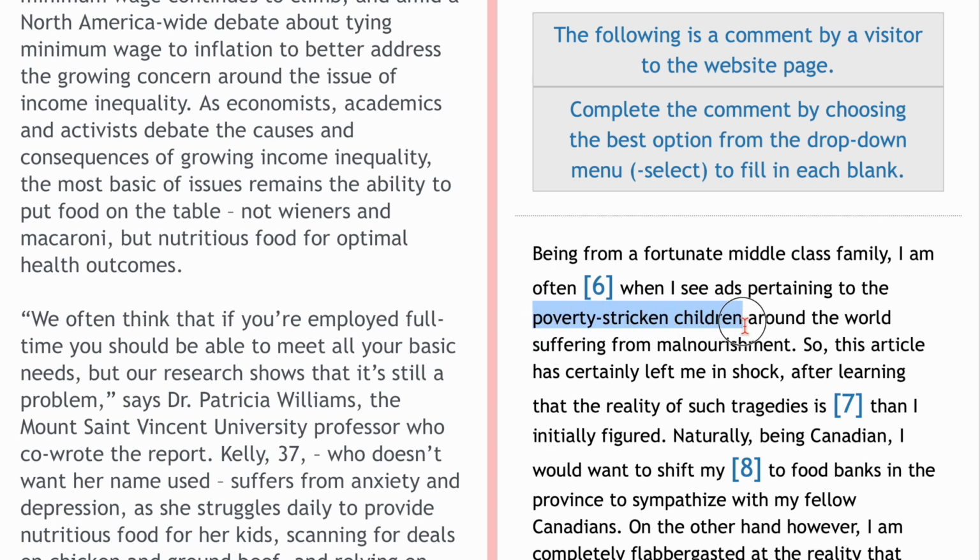Poverty stricken children, so children living in very bad conditions. So I am often something, so it sounds like how do they feel? They're from a fortunate middle class family. How do they feel when they see this image?